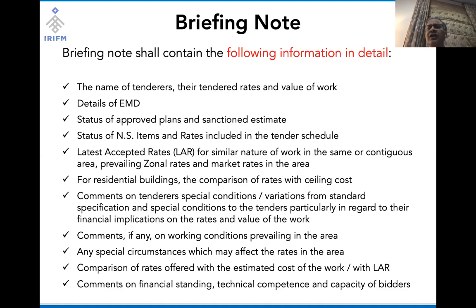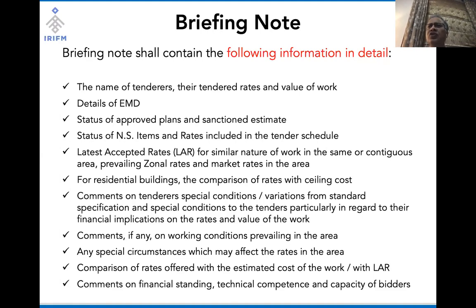Then the details of any special circumstances that might affect rates in that area. For example, if we are living in COVID times, and if labor is not available, then an assessment of the impact of COVID on labor rate becomes important.